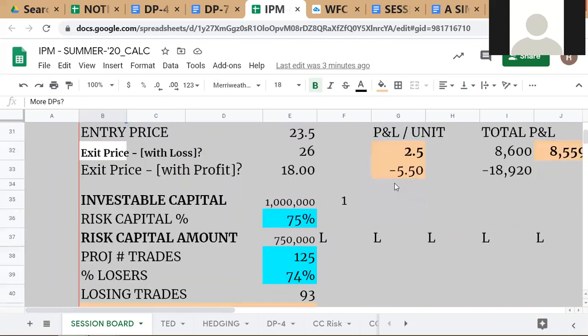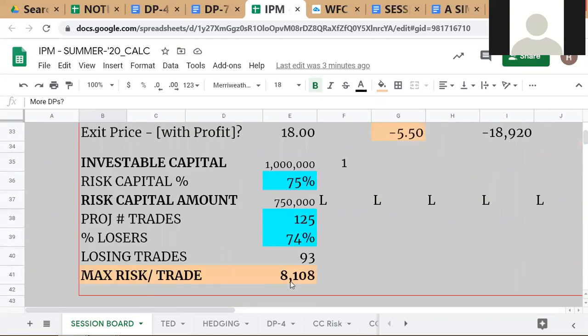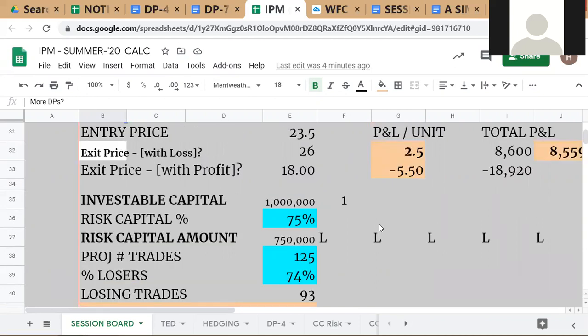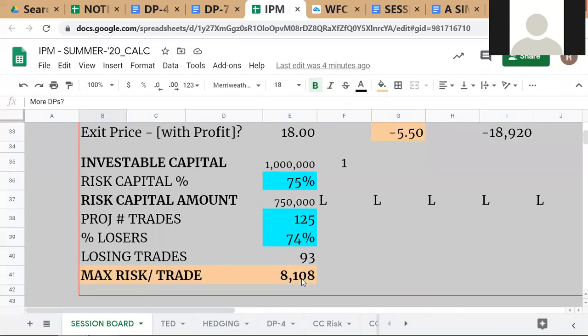The brokerage has to be factored into the maximum risk per trade. So when we say you can't lose more than 8.1K, that is not just the exit minus entry price, but also the brokerage that you're always going to lose. The round-trip brokerage is always a loss, even on a winning trade. So that must be factored in.